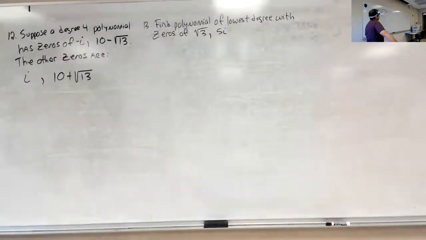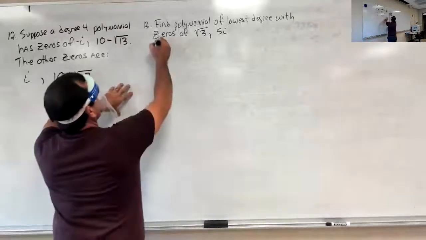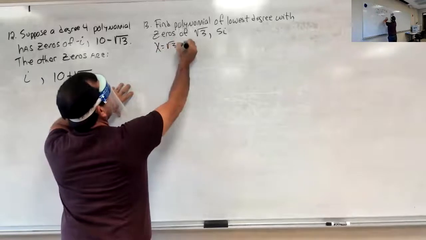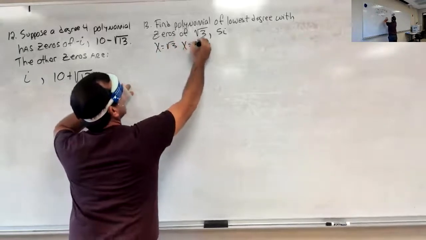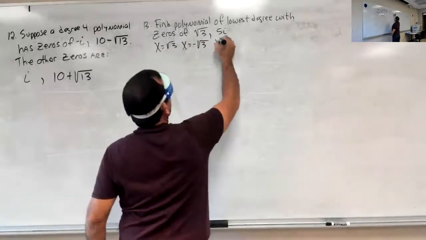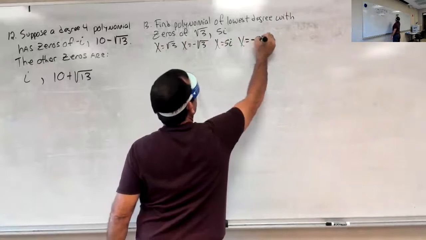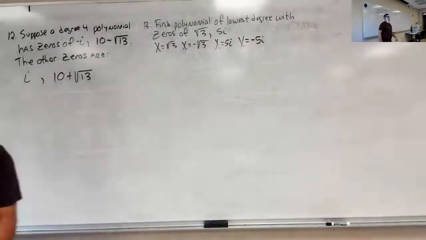So my question would be, how many zeros do y'all think I have? 4. Good job, because most of those will have conjugates, right? So I know I'm going to have x equals square root of 3, which means I automatically got a negative square root of 3. And then I got x equals 5i, which means I got x equals a negative 5i.